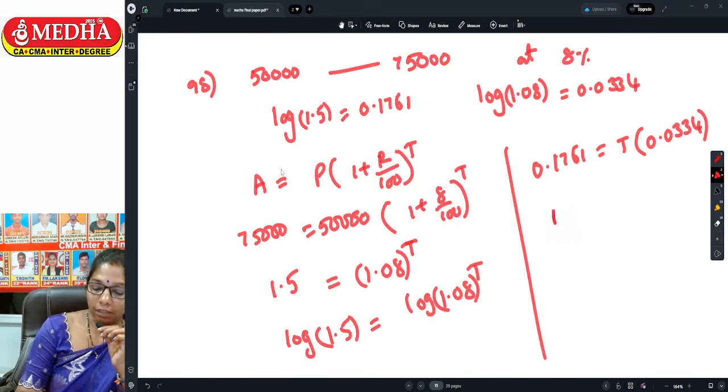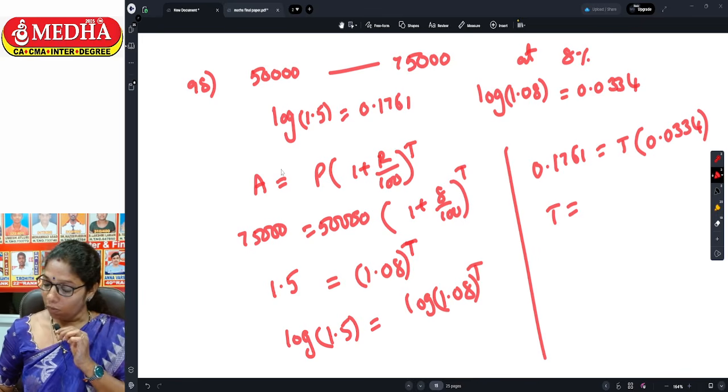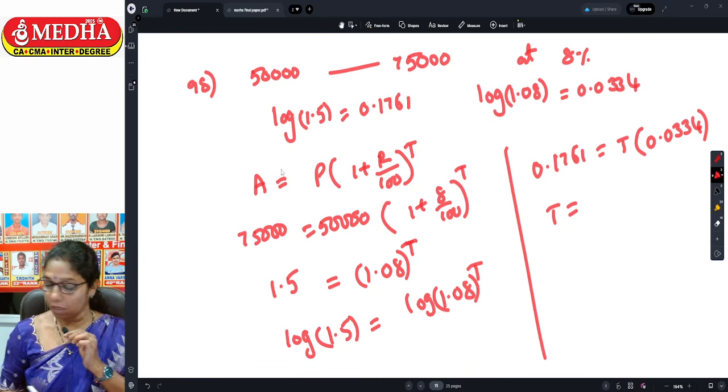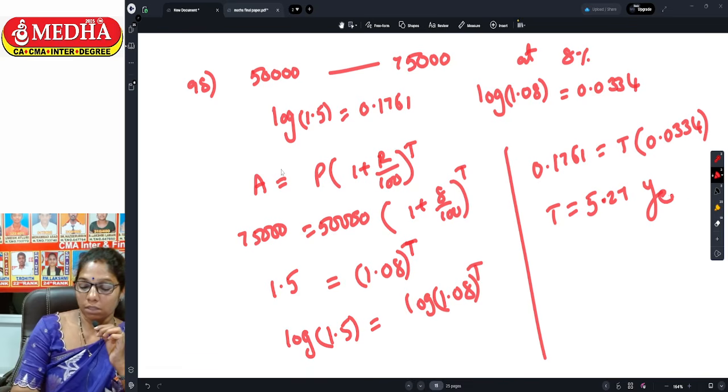By dividing these two we get the exact time: 0.1761 divided by 0.0334, which is equal to 5.27 years, approximately 5.3 years.